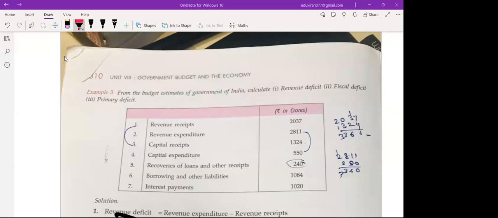So it will be 2811 minus 2037, which is 774. First. For fiscal deficit, revenue receipt is given.